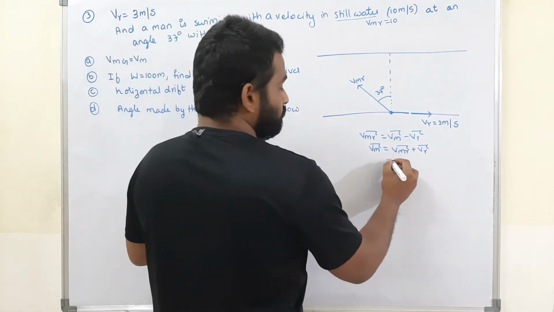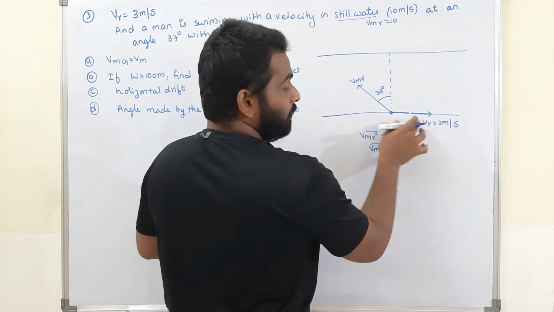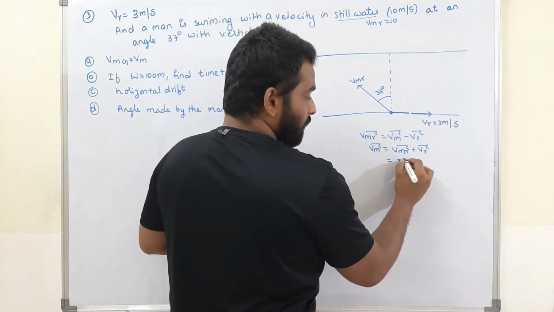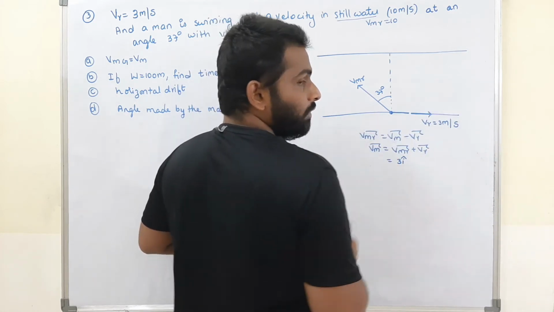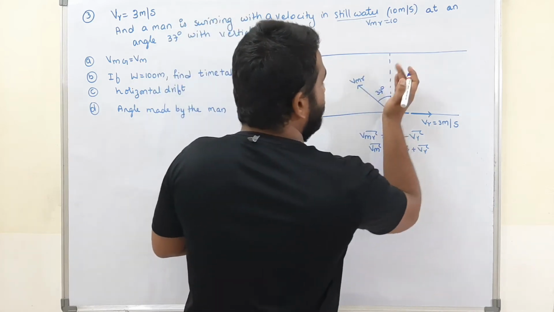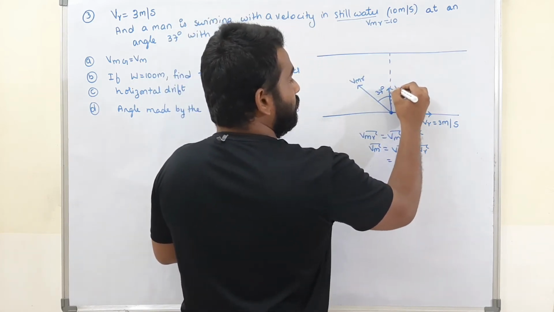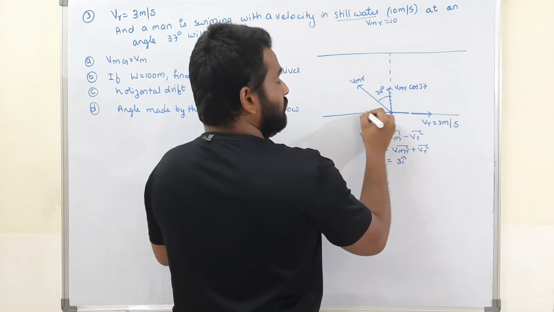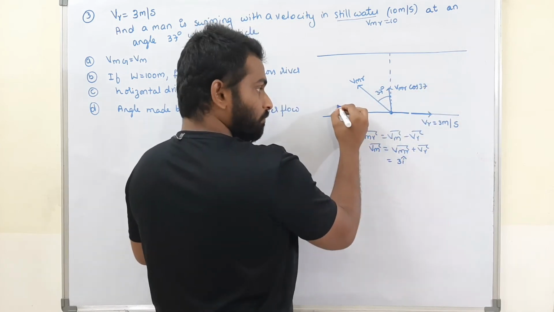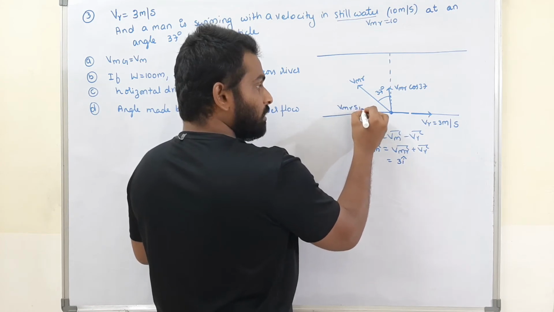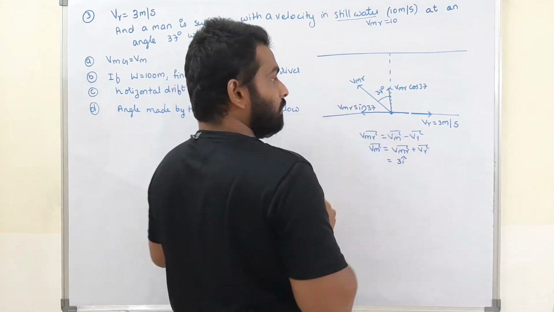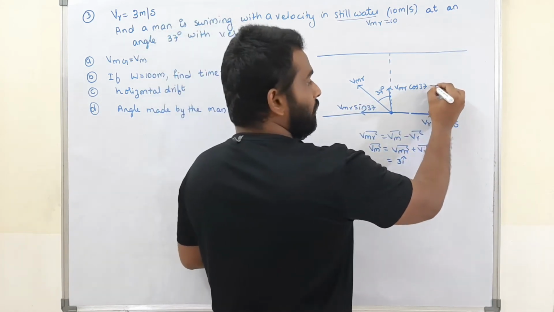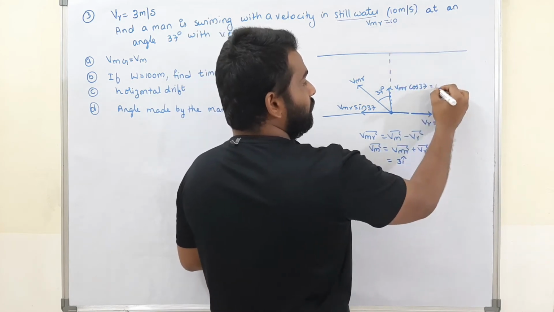Therefore, what is the velocity of river? 3 I cap, I cap is that side. Now I am resolving this VMR in two directions. One is vertical, VMR cos 37, and this side is VMR sin 37. VMR is 10.